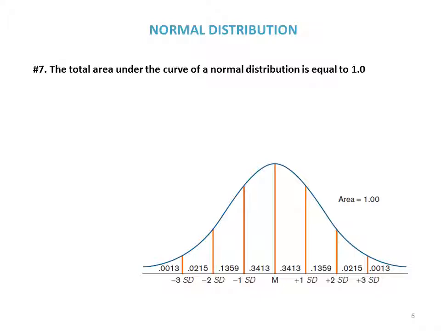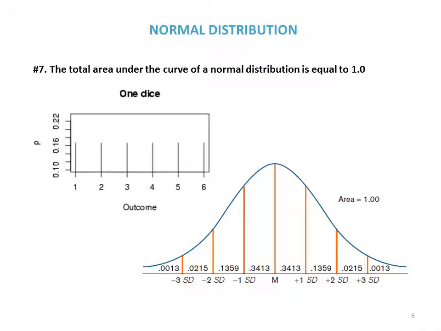Another characteristic that requires attention is number 7. The total area under the curve of a normal distribution is 1. I'll use the same example of rolling dice, though it is a discrete probability distribution. It is discrete because the number of outcomes is limited, but it is more visual to explain this characteristic.